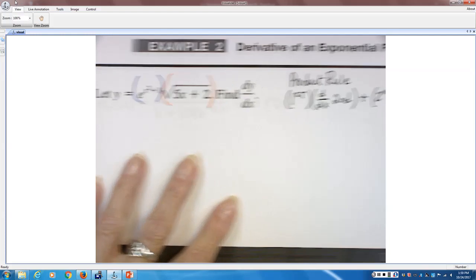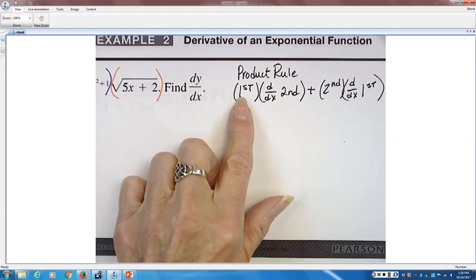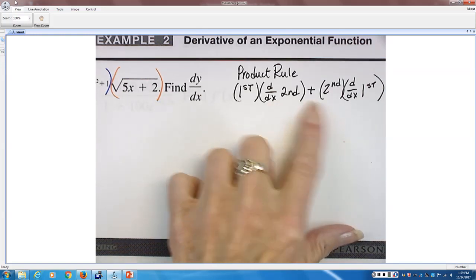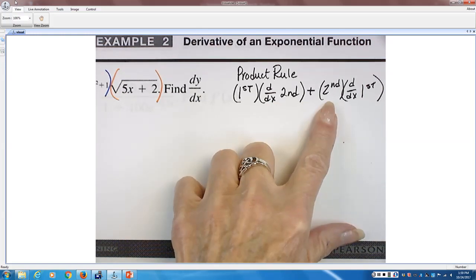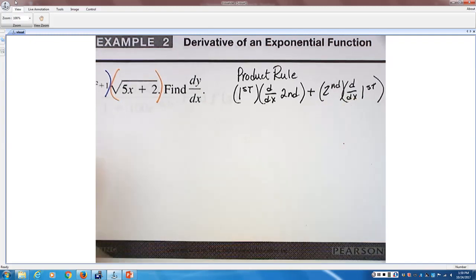The way the product rule works, you take the first factor times the derivative of the second factor plus the second factor times the derivative of the first factor. So this is the first factor.